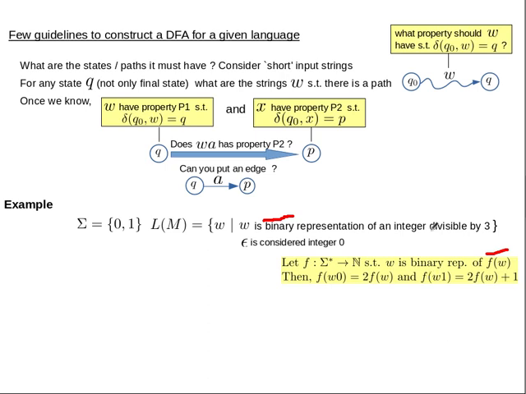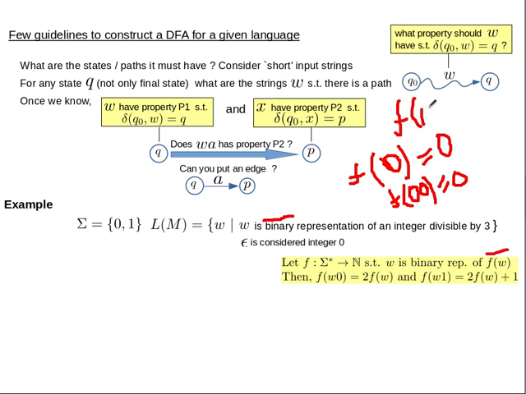So again, we said that f of 0 is 0, and f of 00 is also 0, and f of say 11, this is in binary, so that will be integer 3, right?